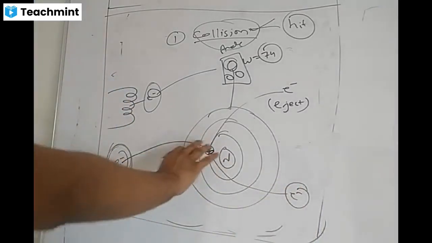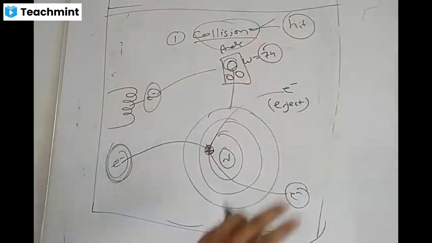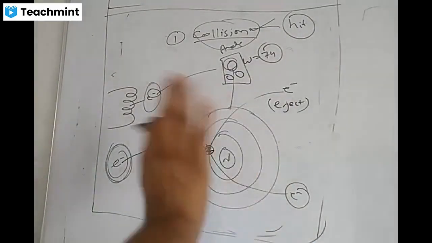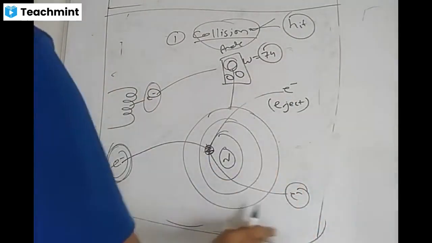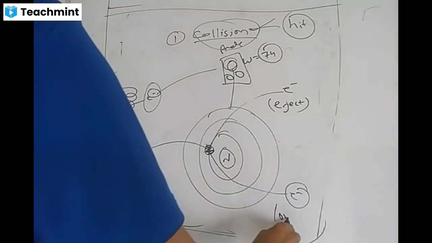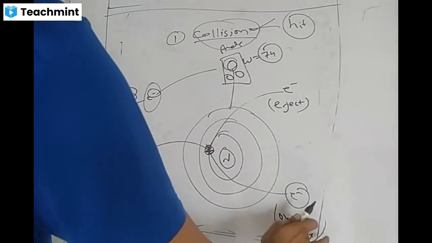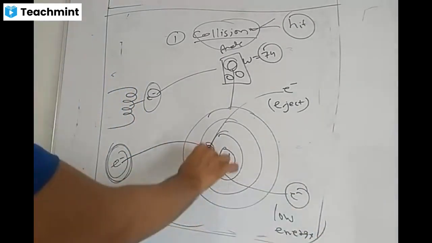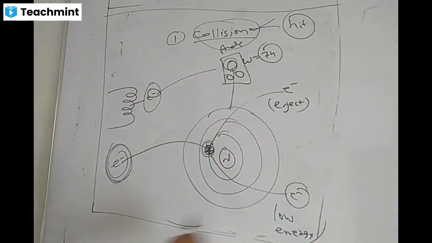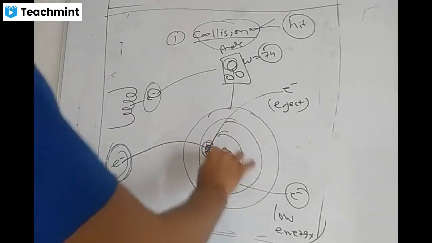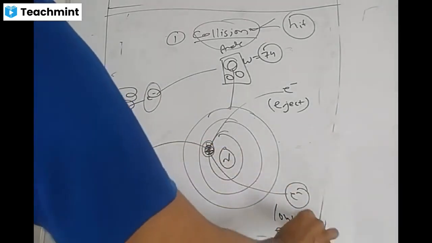In this collision, this electron loses most of its energy, but not all of it. So what comes out is of low energy. Why low energy? Because in this collision, it loses most of its energy. So after collision, it comes out as a low energy electron.